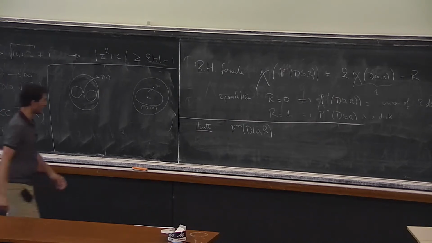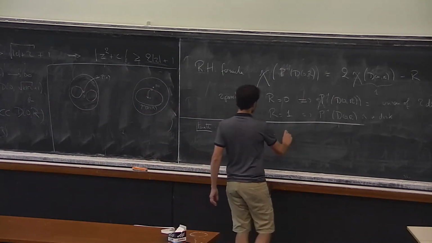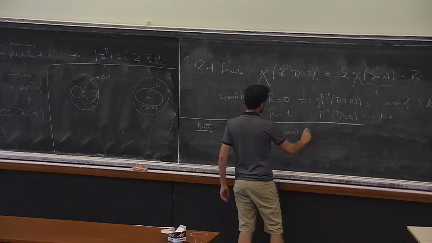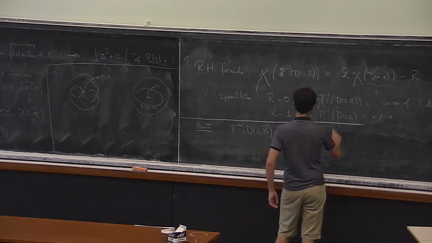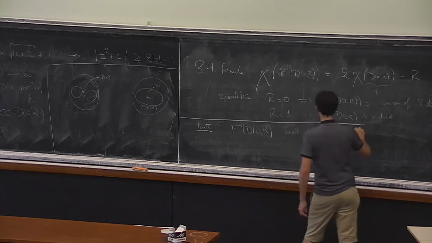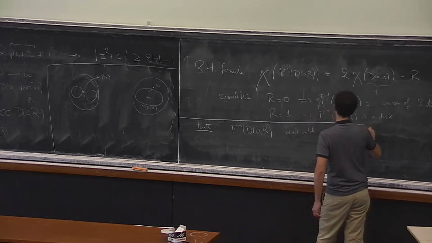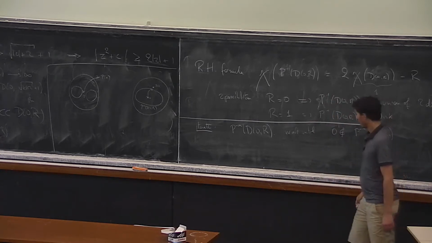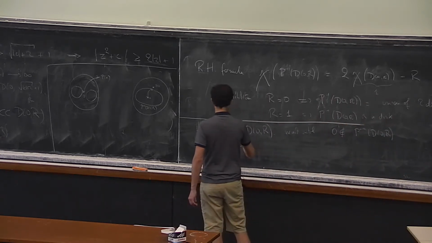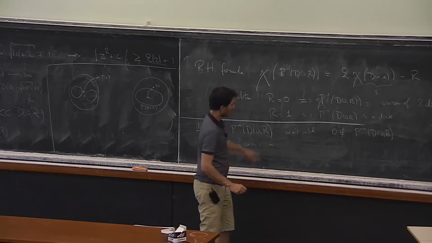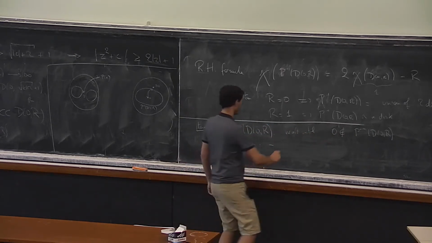And there are two possibilities: wait until 0 does not belong to this iterated preimage. There are two cases. Case 1, you wait and it never happens.